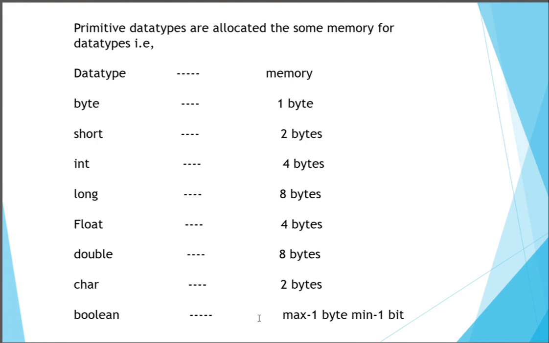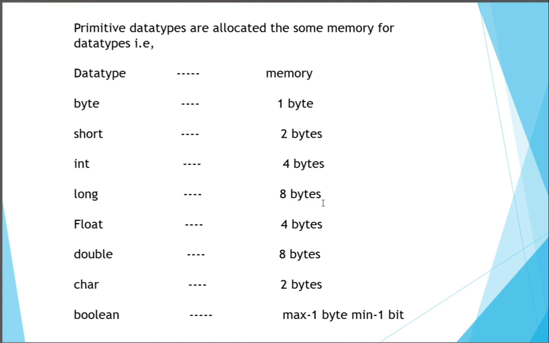Now we can see data types store memory values. Now we can see which memory values they can store. Primitive data types are allocated some memory. The Java JVM provides 1 byte of memory for byte data type and 2 bytes of memory for short data type and 4 bytes of memory is allocated for int data type.